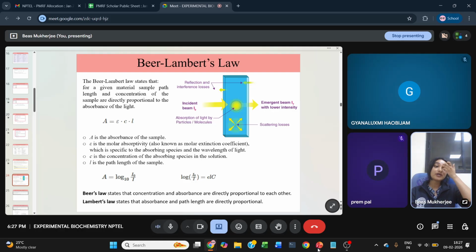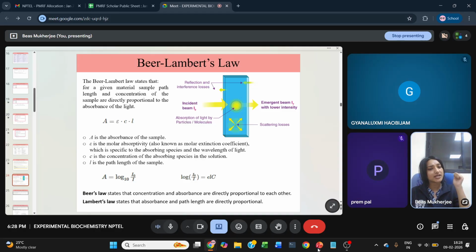So this is your Beer-Lambert's law, from which you can expect one question every year. What happens in Beer-Lambert's law? It says that for a given material sample, the path length, what is the path length? Let's say that this blue thing that you're seeing is the cuvette. The distance from where light strikes and enters the cuvette to where it is leaving is called the path length.